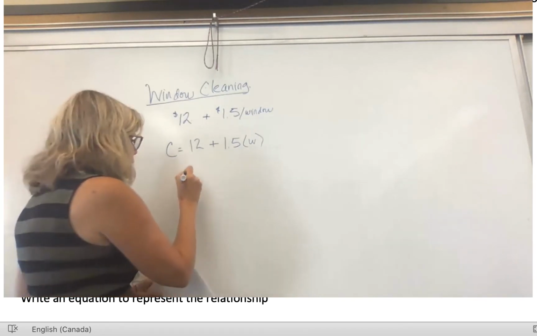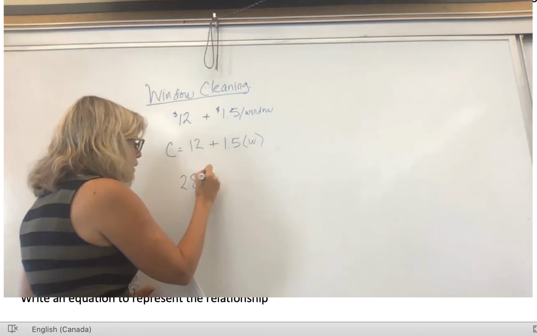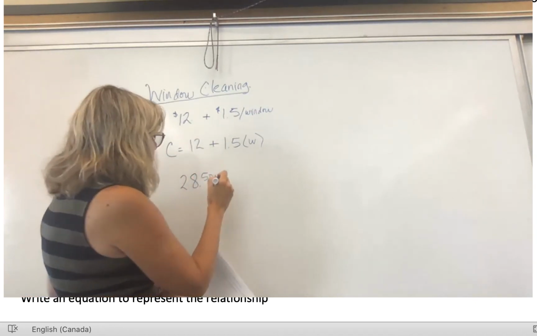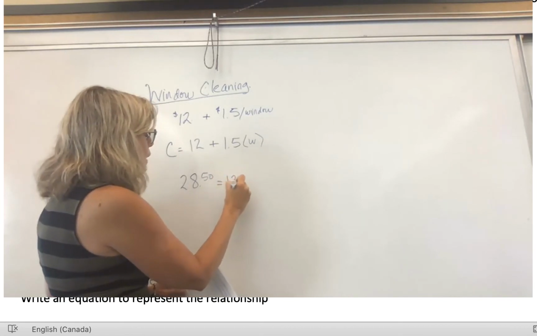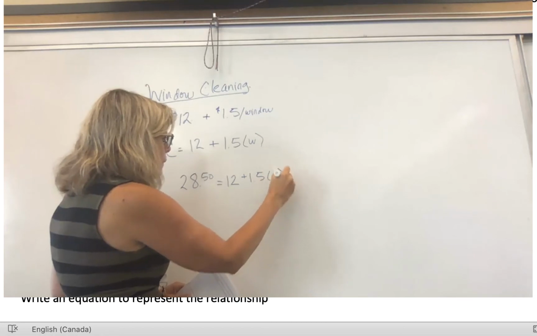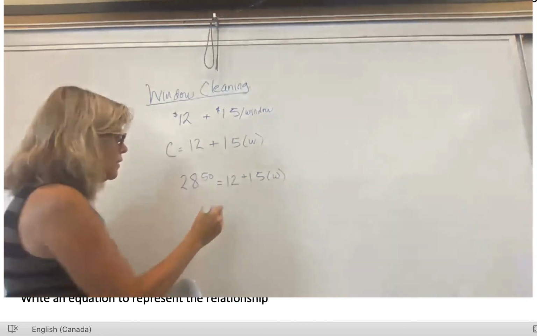Well, if he charged $28.50 for a job, how many windows did he clean? Well, you put it right into the equation, plus 1.5 times W. And then we can solve for W, right?